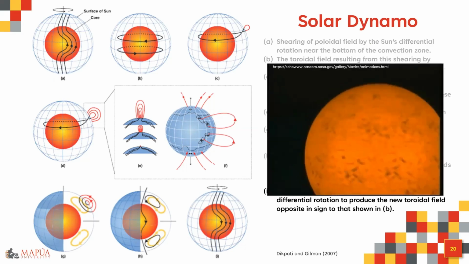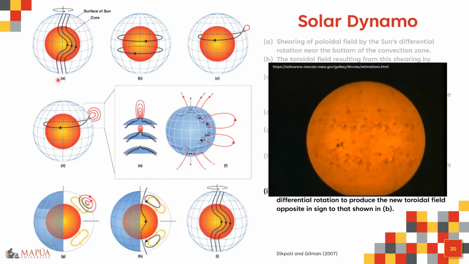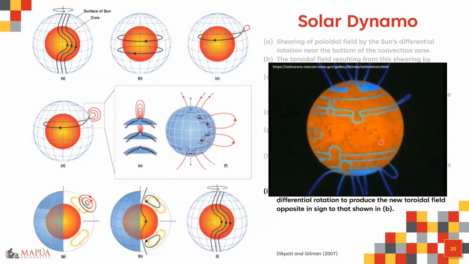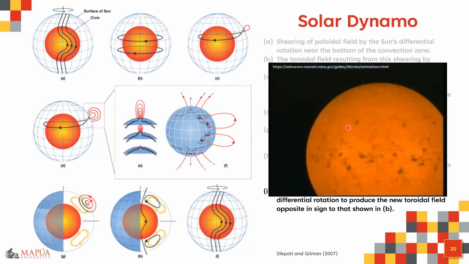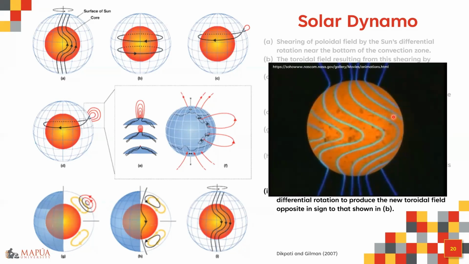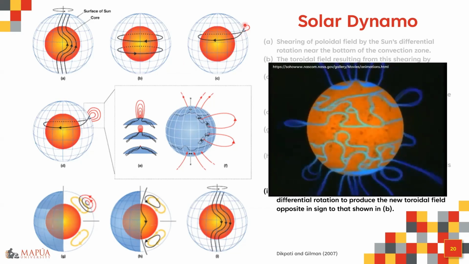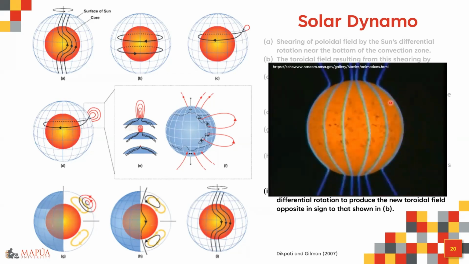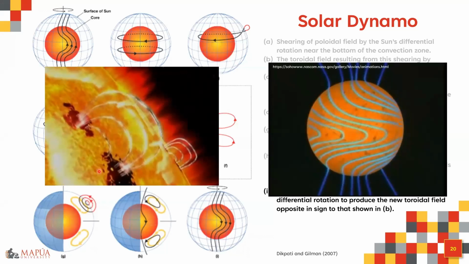So what I have here is an animation of that very simple explanation of the solar dynamo. So you will notice here, again, that because of the differential rotation, twisting and turning of the magnetic field lines will generate that complicated magnetic field configuration at the surface of the sun. And the emergence of this magnetic field toward the surface of the sun is actually where your sunspots are being formed.